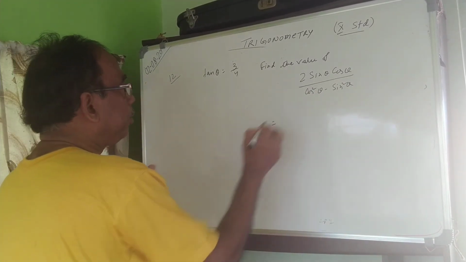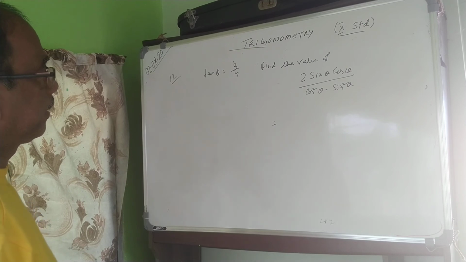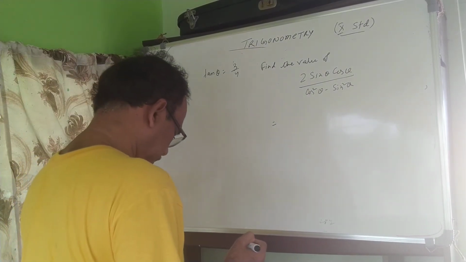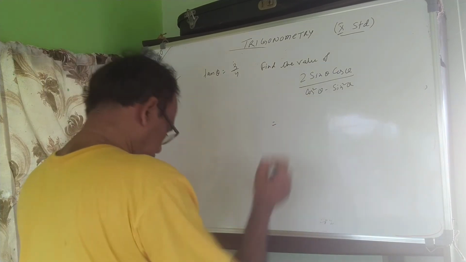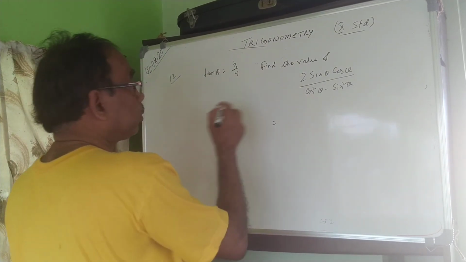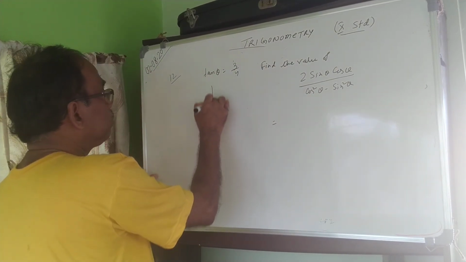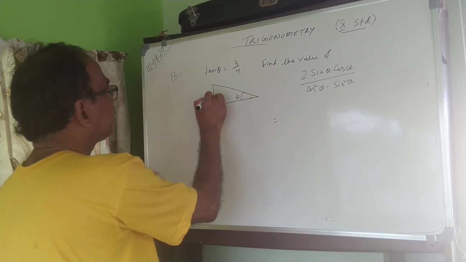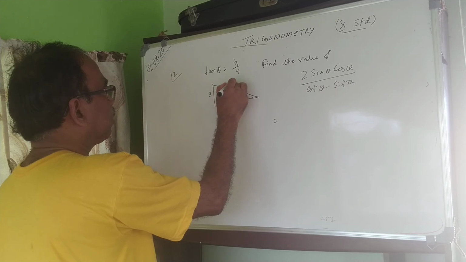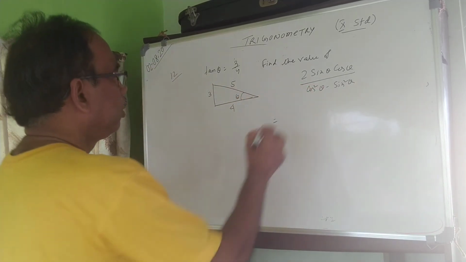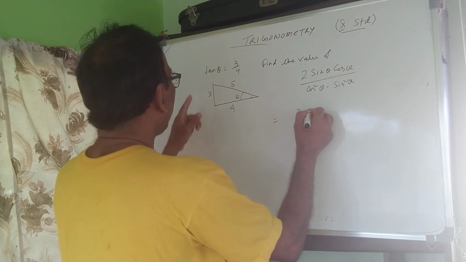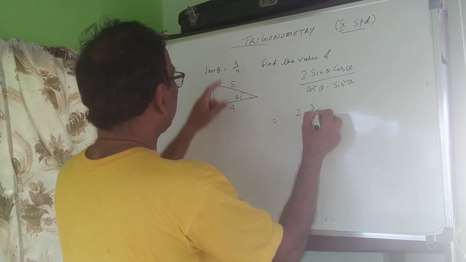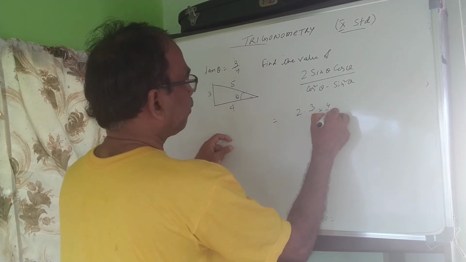So we can do here, tan theta is this. Using a triangle, this is theta, this is 3, this is 4, and using Pythagoras this is 5. Put it here: 2 into sin theta, perpendicular by hypotenuse, 3 by 5, cos theta, base by hypotenuse, 4 by 5.